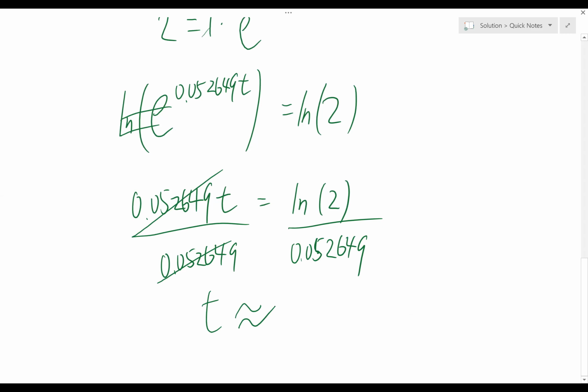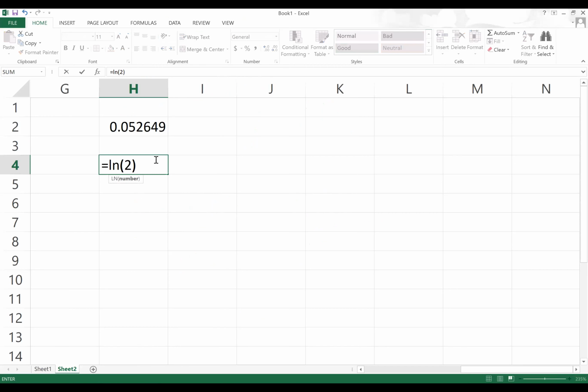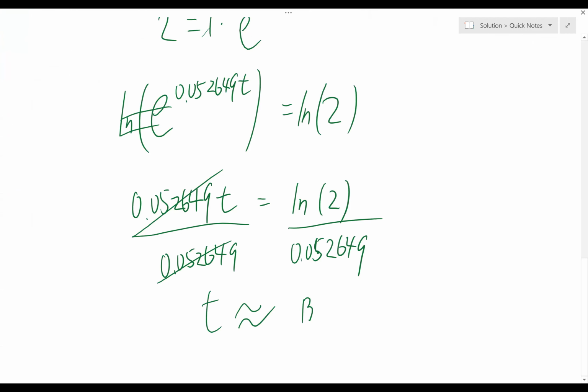We just divide ln of 2 by the decimal number we have. We end up with 13.165. If you round it to one decimal place, that's 13.2 years. That would be the proper answer here: 13.2 years.